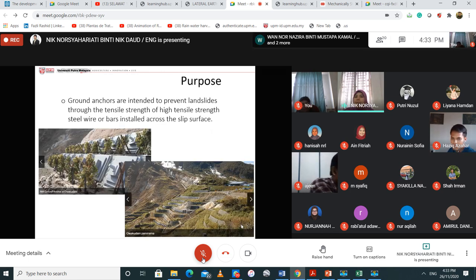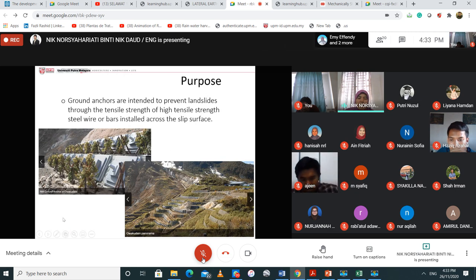Okay. So purpose, it's a very simple one. Of course, you want to prevent berlakunya erosion ataupun small movement ataupun yang big movement is a landslide itself. So gambar ni saya ambil daripada website NM. NM ni stand for dia punya invention lah, the ground anchor, tapi dia punya conventional punya method or design is a conventional punya ground anchor.